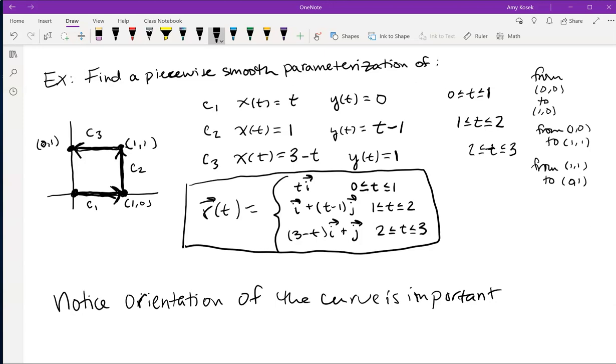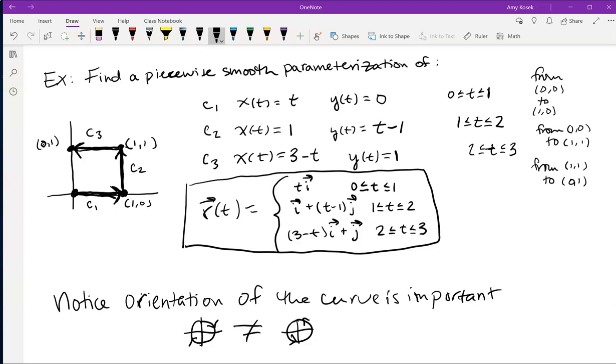That would also include things like if we did have, say, a circular curve, doing something in a clockwise rotation would not be the same as going in a counterclockwise rotation. So these would not be the same parametric curve, even if they are the same graphed curve. Even if they're the same circle, the orientation is important.